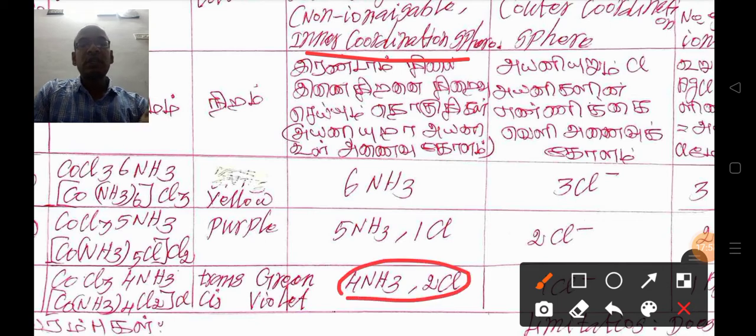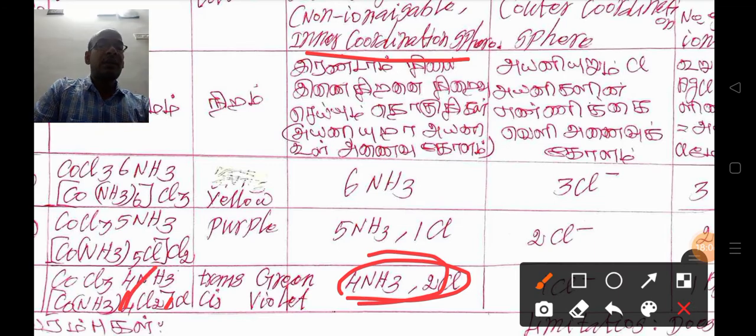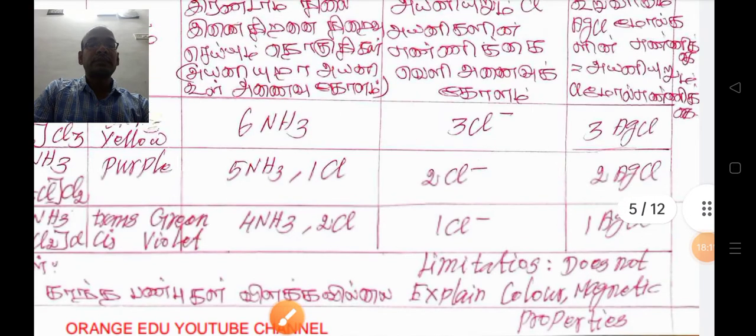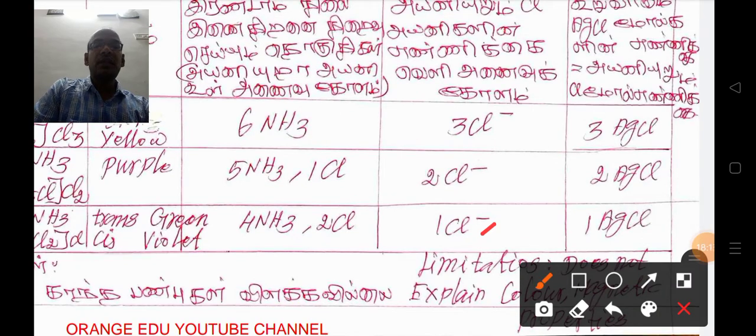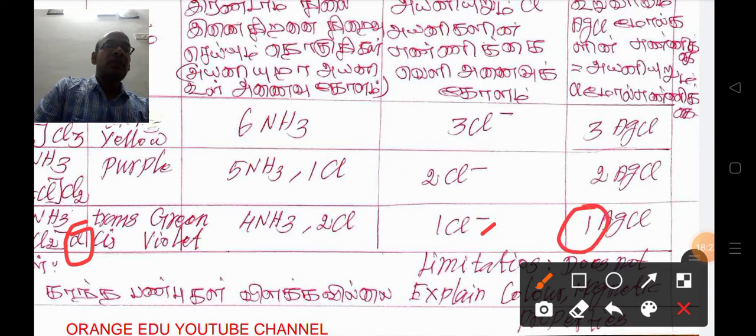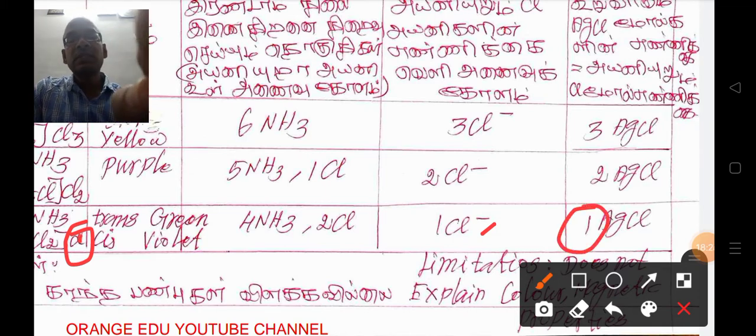Therefore we can write down the complex ion. These ligands are in the complex ion in the inner sphere. 1Cl is in the outer sphere, that is a simple ion. The AgCl moles is 1, therefore put the 1Cl outside of the sphere.